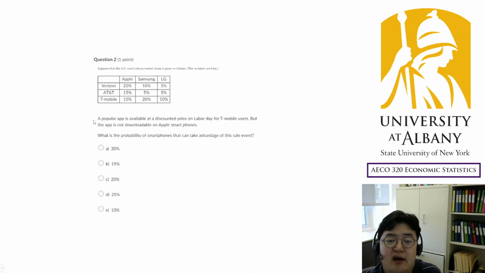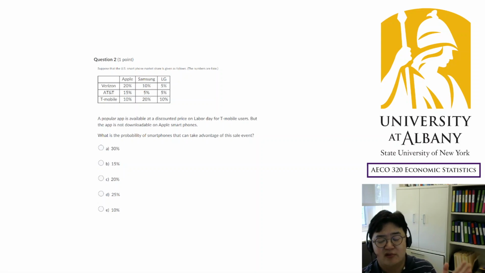And in this example, there is an app that is on discount on Labor Day for T-Mobile users, but it is not available on Apple. So what is the probability of smartphone users who can use this discount?